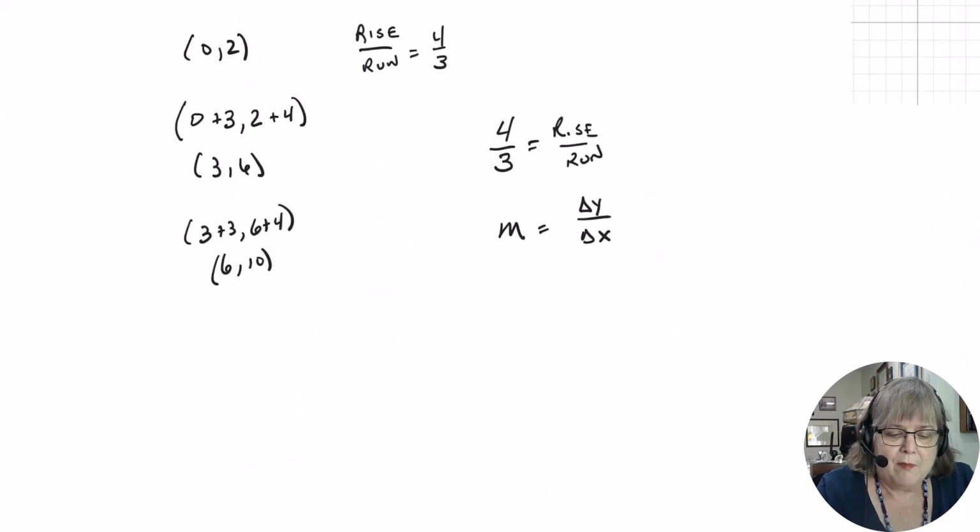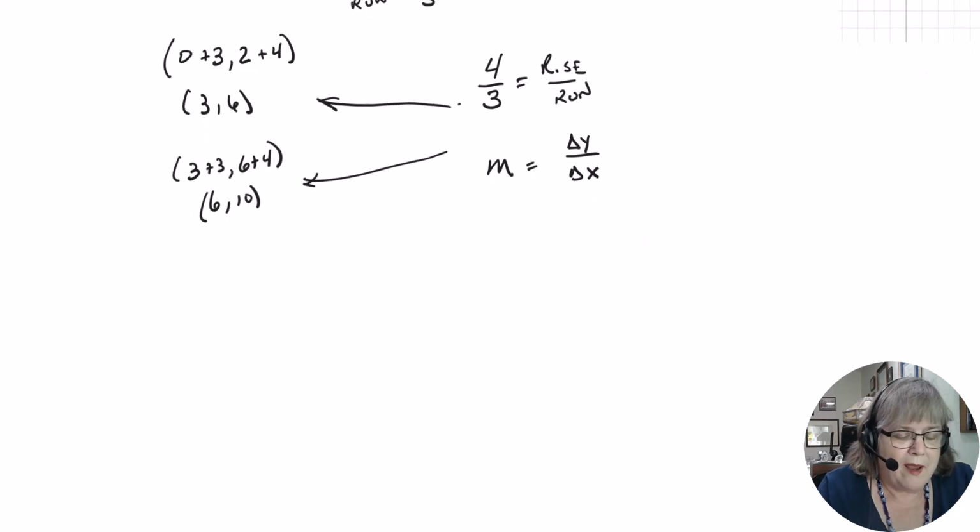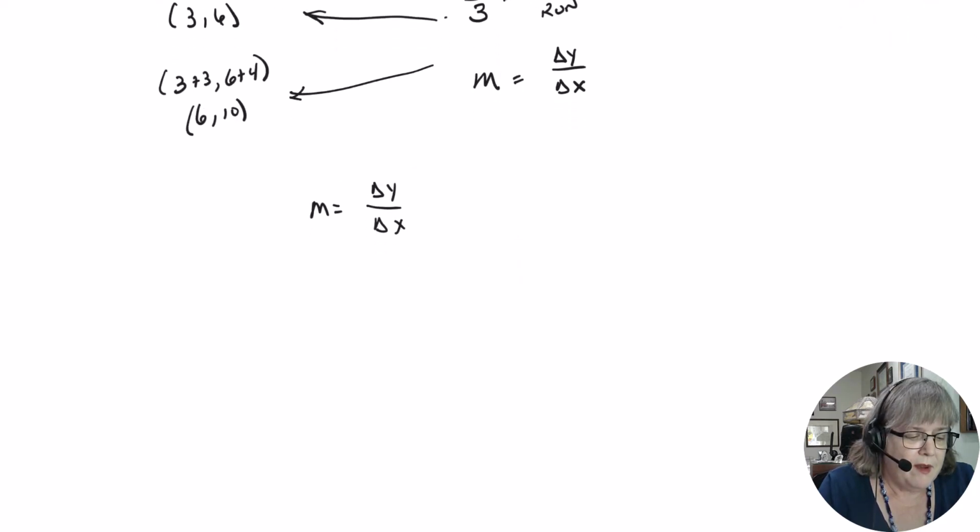But we could perform this math, and starting with m equal to delta y over delta x, we would have m times delta x is equal to delta y.